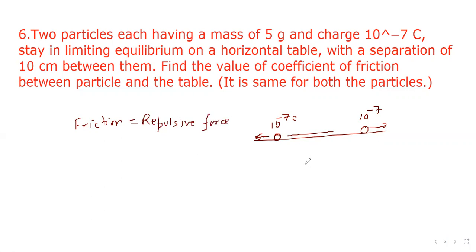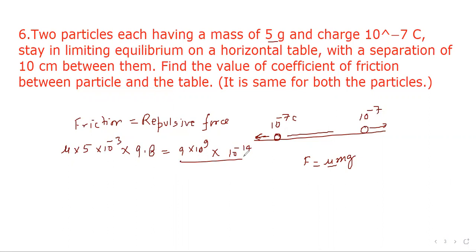So repulsive force F is given by mu mg, where mu is the coefficient of friction. And here in our question, we have to find out mu. So we write mu times m. M is 5 gram, that is 5 into 10 to the power minus 3, into g. G we can take 9.8, equal to the repulsive force. So this is 9 into 10 to the power 9 into the product of two charges, 10 power minus 14, divided by separation squared.